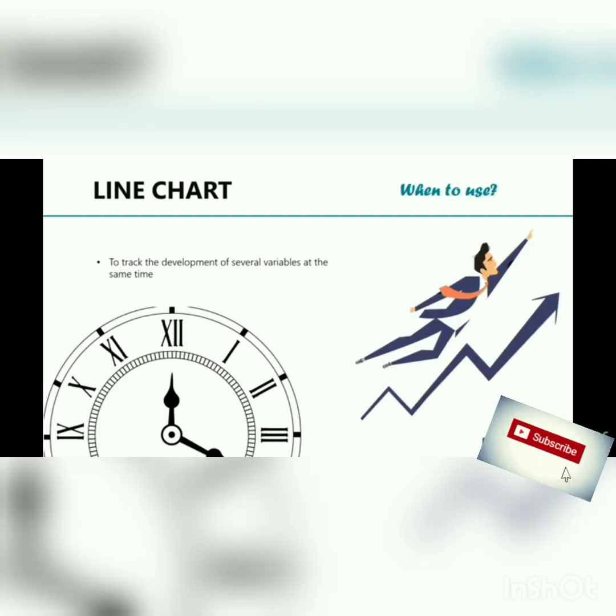When to use line charts. Remember the awkward fiction book sales chart we saw earlier? Well, a simple line chart would have been way better in that case. A line chart allows us to track the development of several variables at the same time. It is very easy to understand, and the reader doesn't feel overwhelmed.